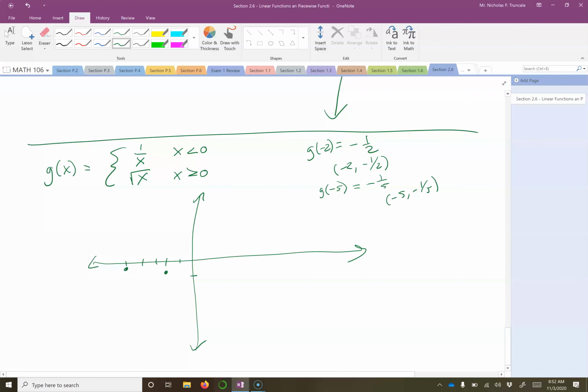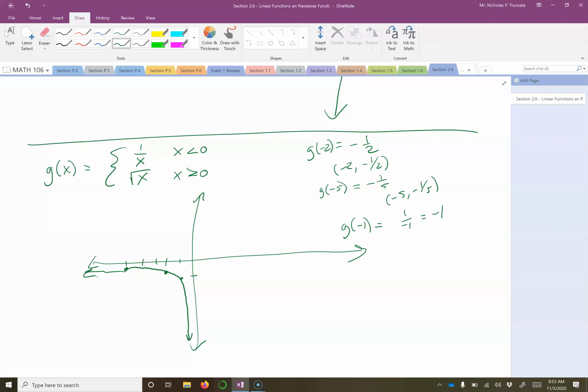And then as you get closer to 0, I'm going to do negative 1, I get 1 over negative 1, which is negative 1. So that's right here. The closer you get to the y-axis, the bigger the value. So it kind of looks like this. It goes off like that, and this goes all the way to infinity. All right, so that's that first part.